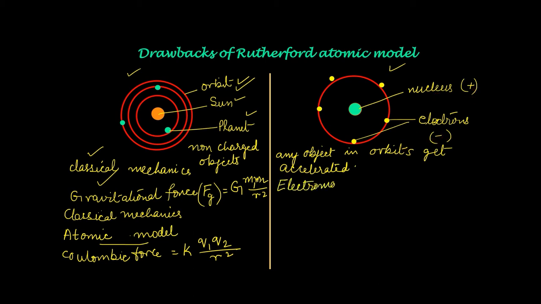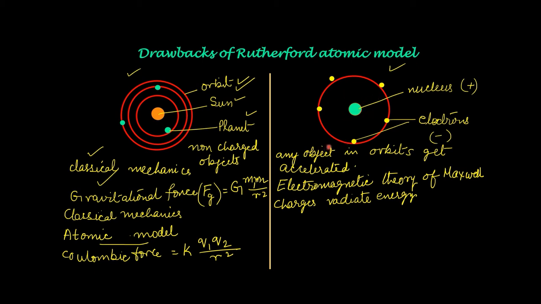According to Maxwell's electromagnetic theory, a charged object in orbit will radiate energy. This energy comes from the electron itself by virtue of its motion in the orbit. So the object is losing energy. When it loses energy, its orbit starts shrinking. It shrinks and continues to shrink and finally collides with the nucleus.